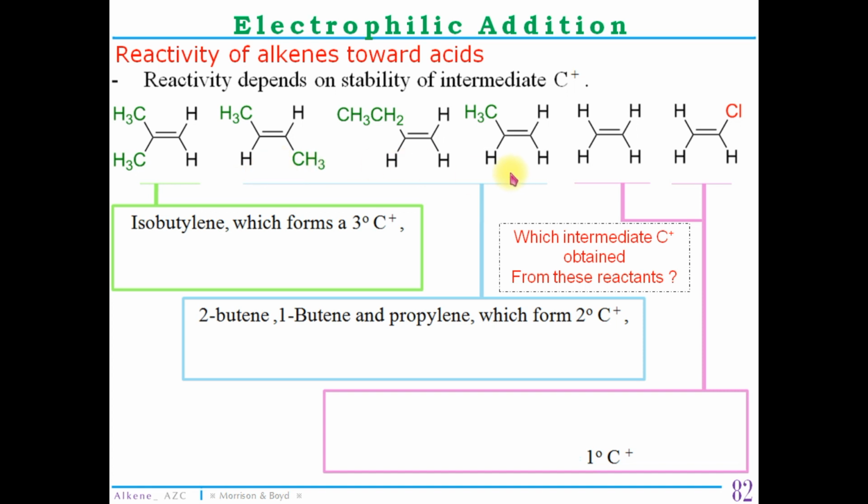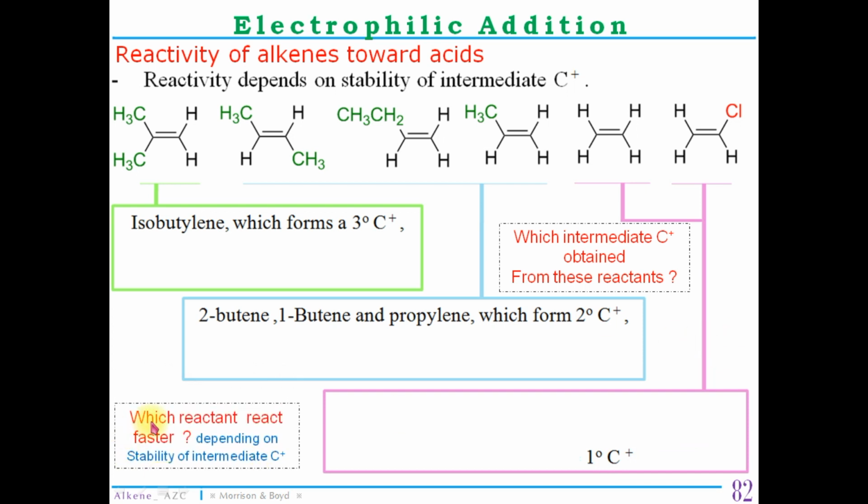These three examples, 2-butene, 1-butene and propylene, form secondary carbocation. And here we have two examples which give primary carbocation.